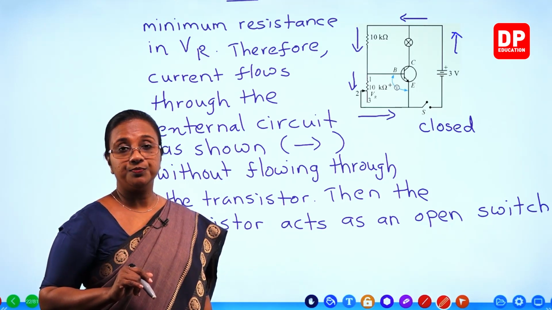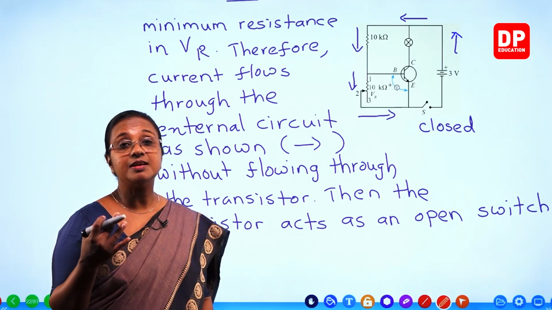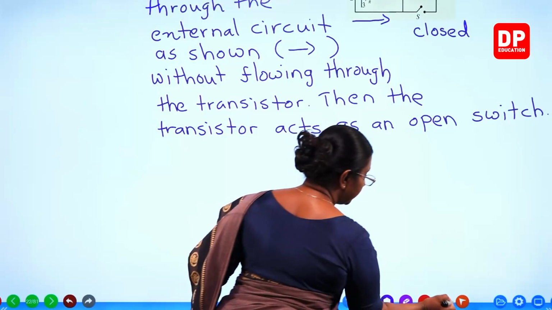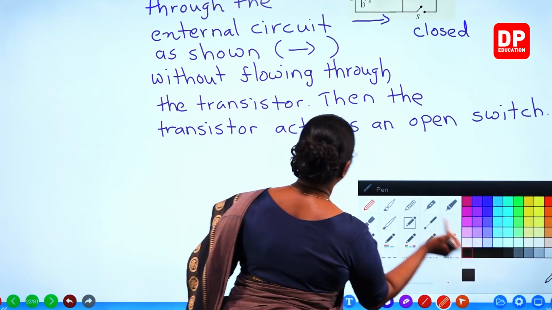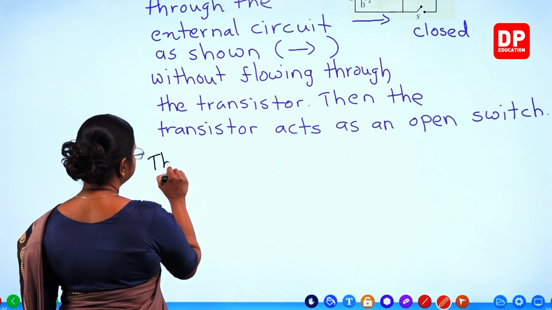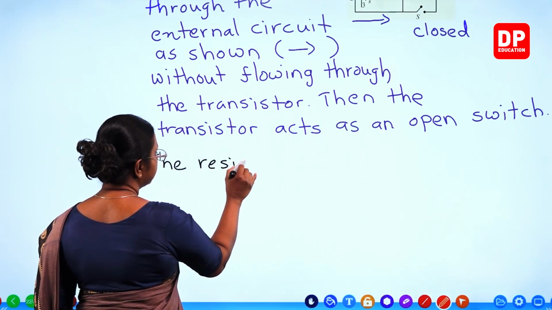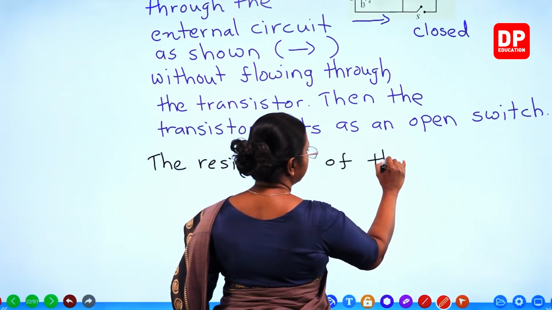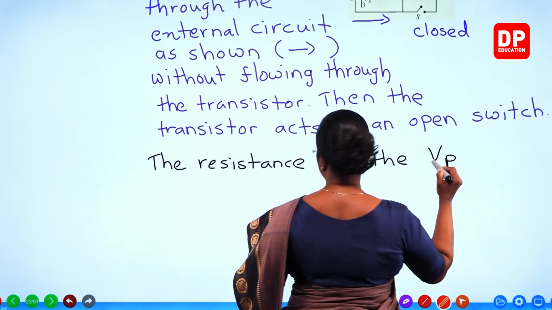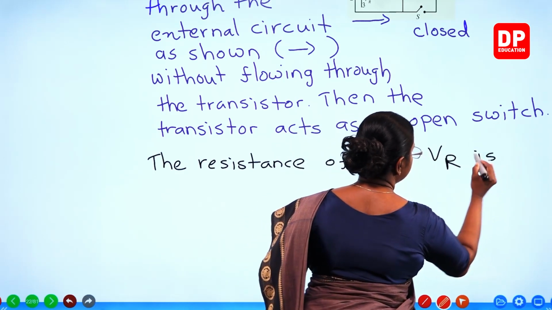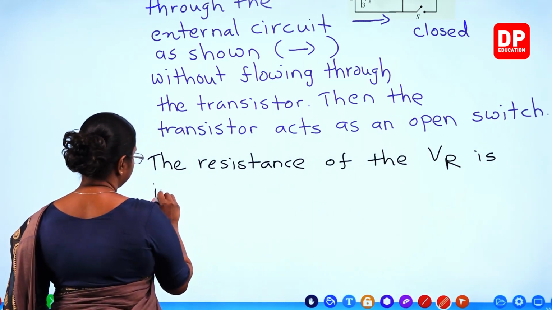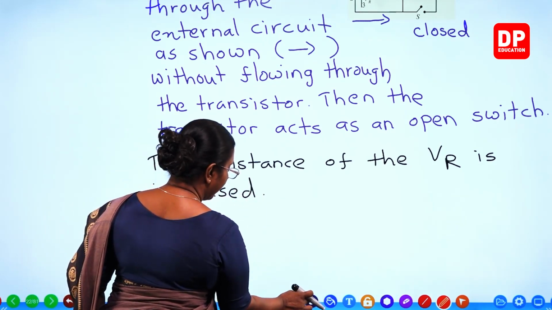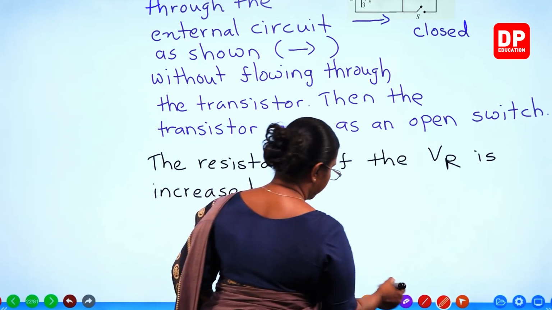Then what do we do? We increase the resistance of the volume controller. I will use a different color for that. The resistance of the volume controller is increased. Then what happens there?